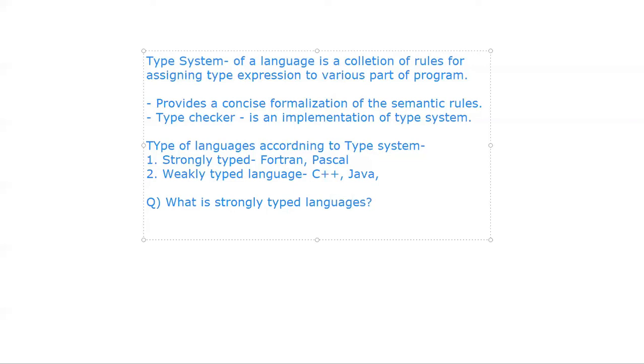You have to define the features or some points which show that this is a strongly typed language, and also with some examples where the static checking is done, or where you will get an error if the language is strongly typed.